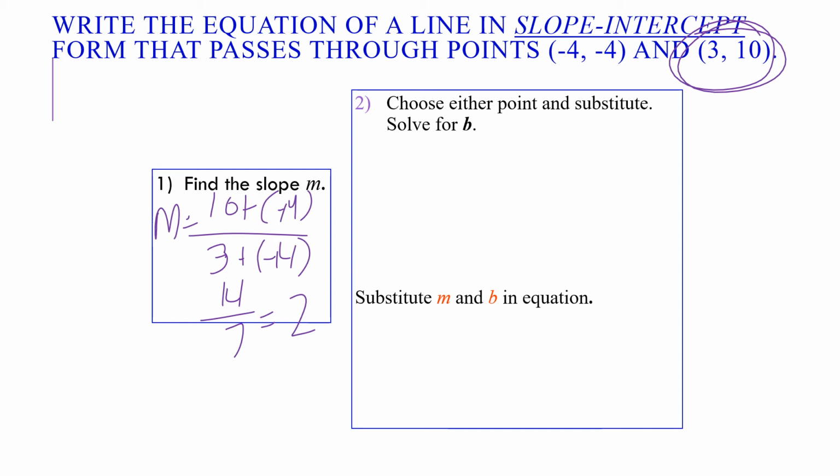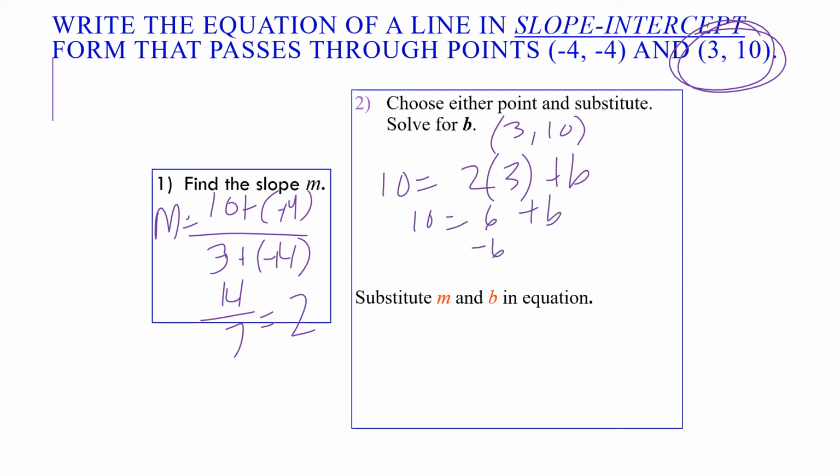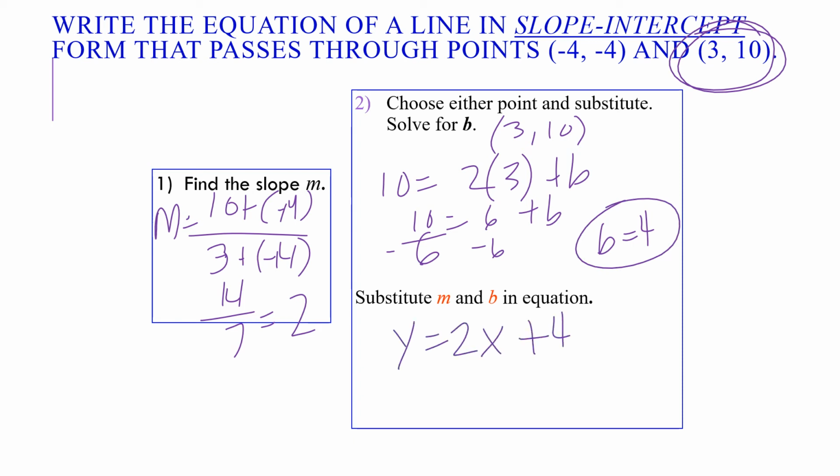So I'm using (3, 10). So I'd have 10 equals 2 times 3 plus b. 2 times 3 is 6. And then if I subtract 6 from both sides, I get b equals 4. And then I just plug it into my equation. y equals 2x plus 4.